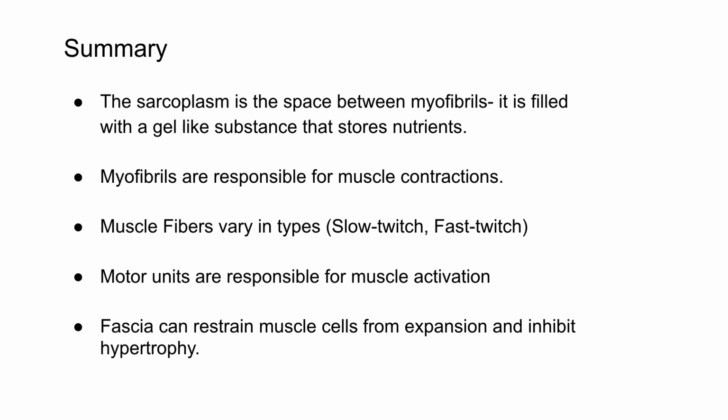Those types are type 1, slow twitch, and then type 2A and type 2B. Motor units are responsible for muscle activation and force generation. And finally, fascia can restrain muscle cells from expansion and possibly inhibit hypertrophy.